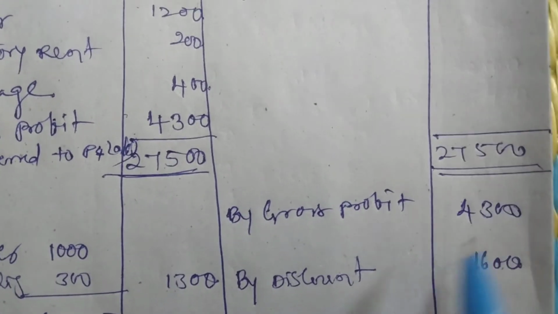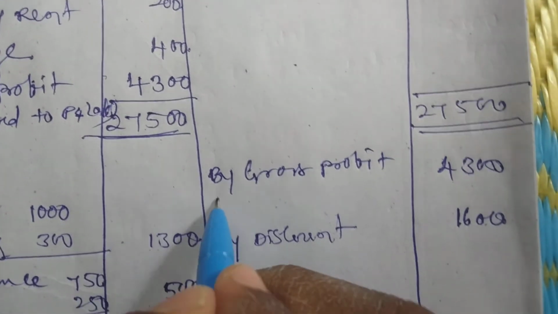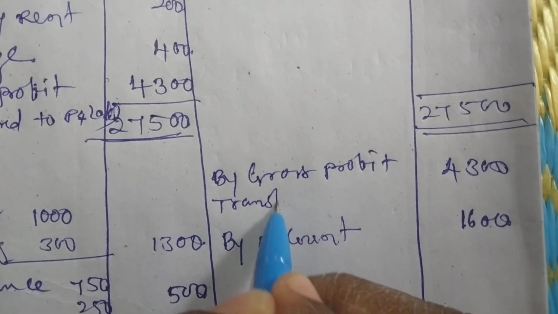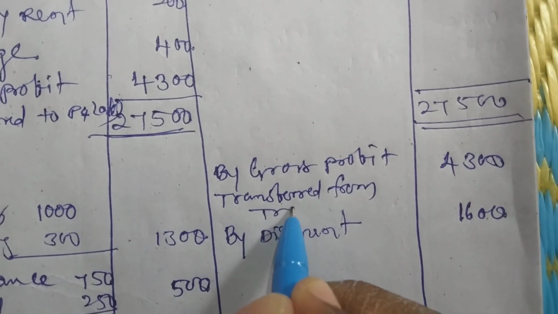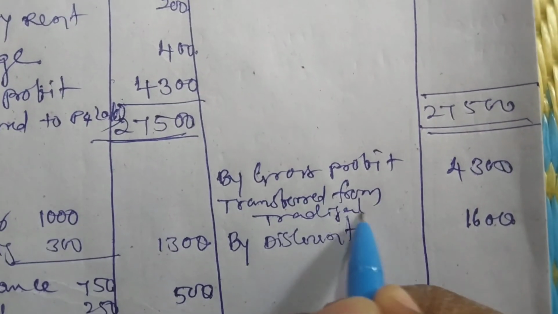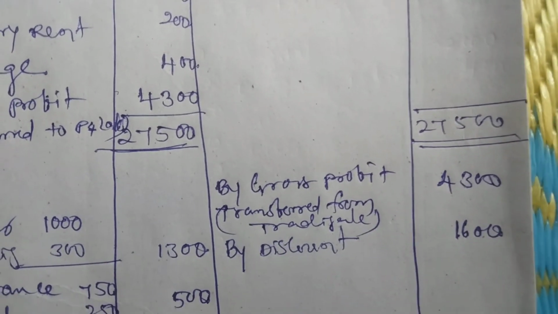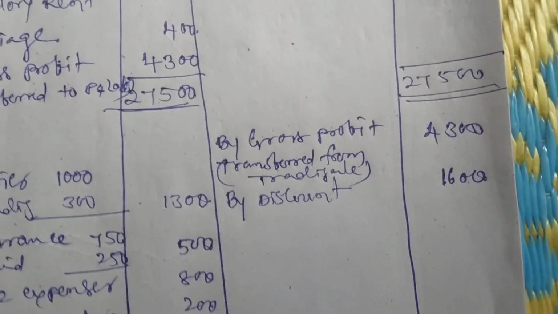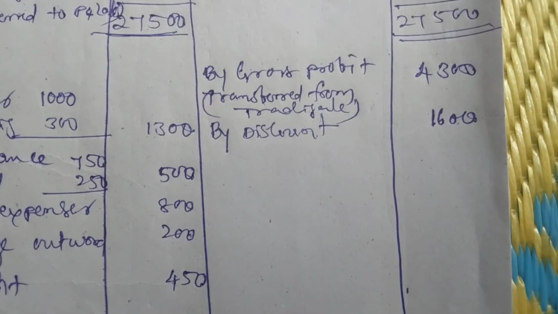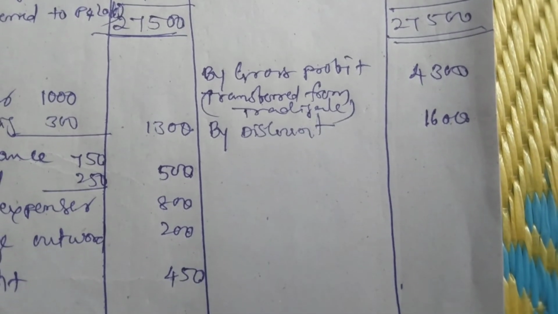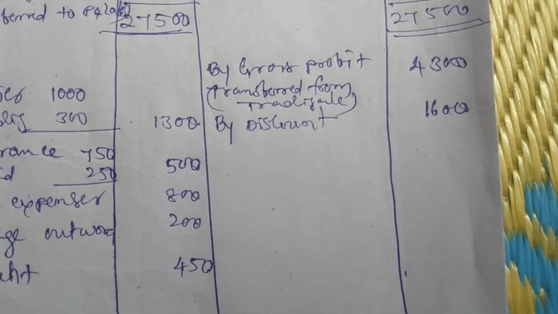So it is transferred from the trading account. Okay. Now these two transactions are 4,300 and 1,600. So that is 5,900.